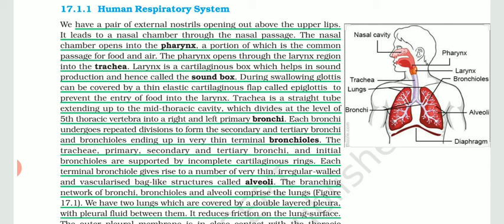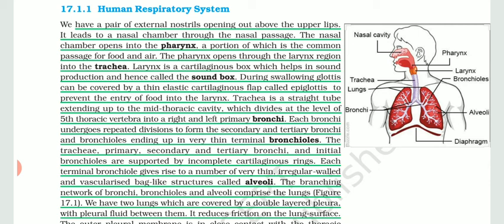The bronchi are branched like tree branches. The windpipe divides into the right and left sides, which we call the primary bronchi. These further undergo various divisions, producing secondary and tertiary bronchi, and finally terminate into bronchioles.